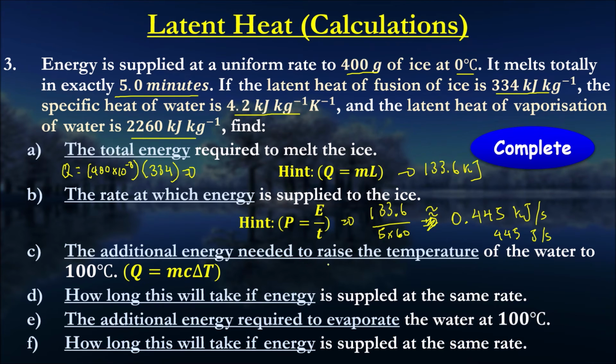What's the additional energy needed to raise the temperature of the water to 100 degrees Celsius? So again, we're dealing with 400 grams of water with a specific heat capacity of 4,200. In this case, I'm just making that in joules because that's the number I'm used to.